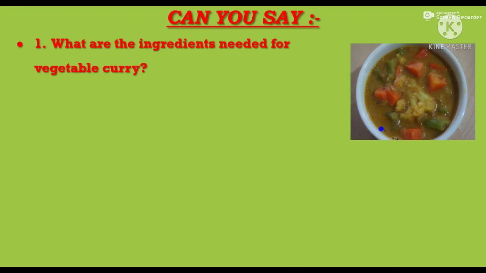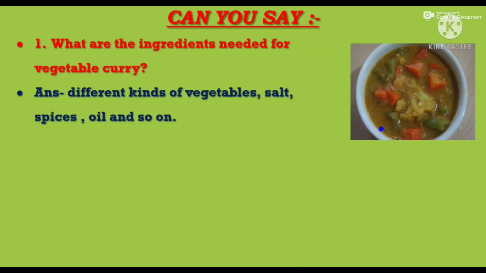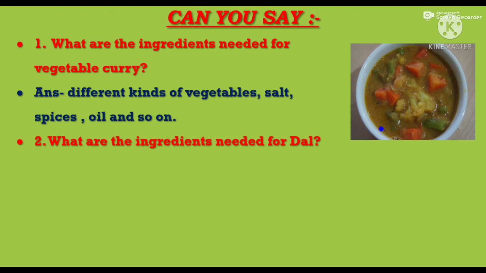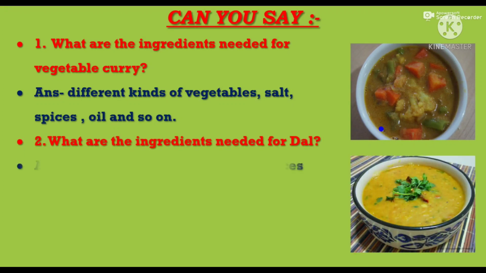You can see the picture. For vegetable curry, the ingredients needed are different kinds of vegetables, salt, spices, oil, and so on. What are the ingredients needed for dal? For dal we need pulses, water, salt, oil or ghee, and spices.